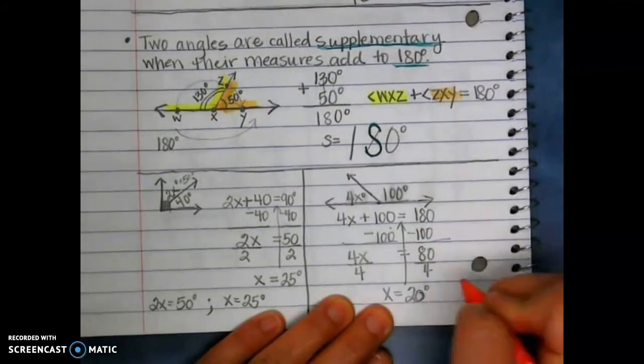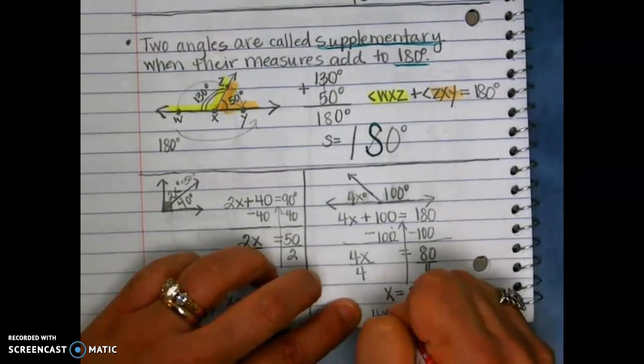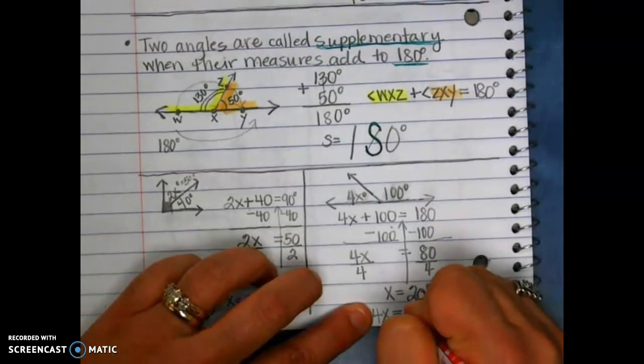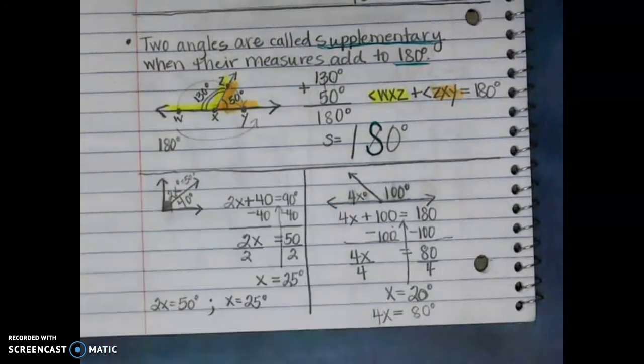So I know that x is 20 degrees, and I know that 4x, the angle measure itself, is 80 degrees. So I am able to use my definition to apply it to find my missing value of x.